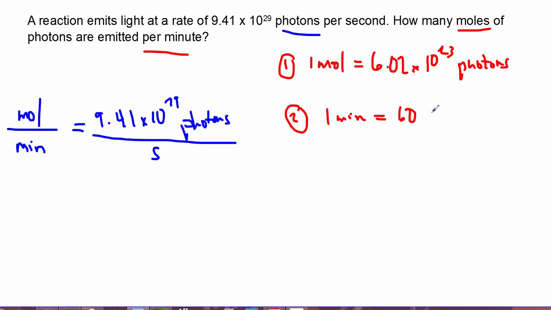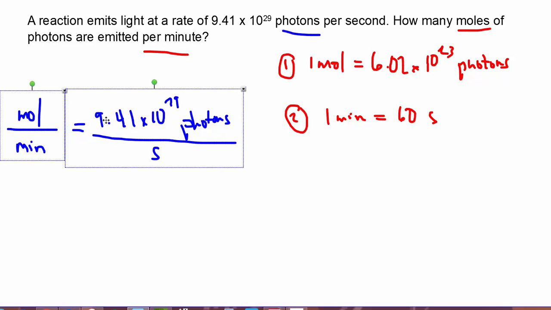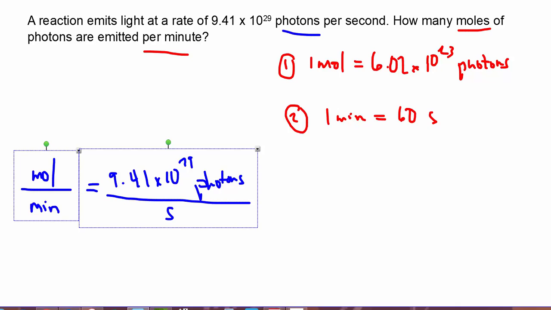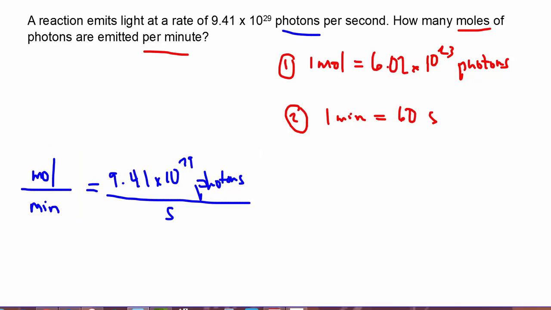So we can now plug those in and convert. Let's put in our first conversion factor, and this time I'm trying to cancel out photons, so I want to make sure my photons are on the bottom. So 6.02 times 10 to the 23 goes down here, and my 1 mole needs to go on the top.